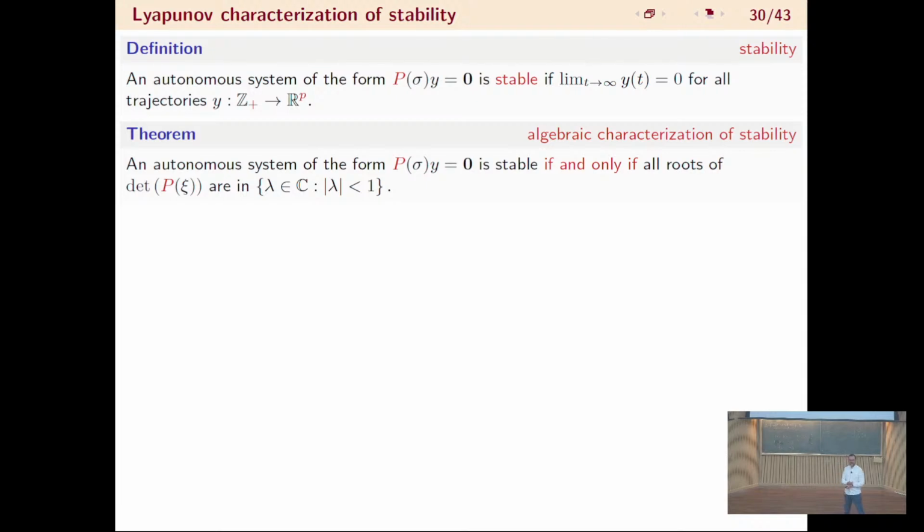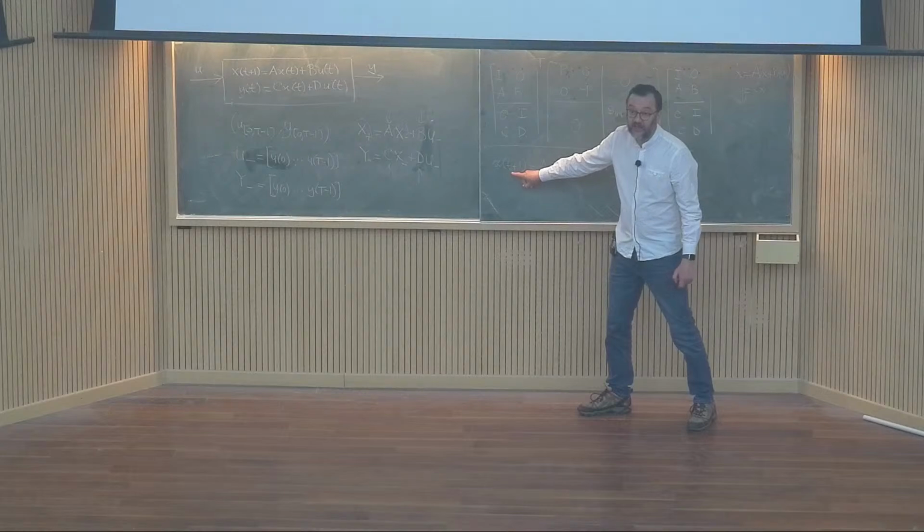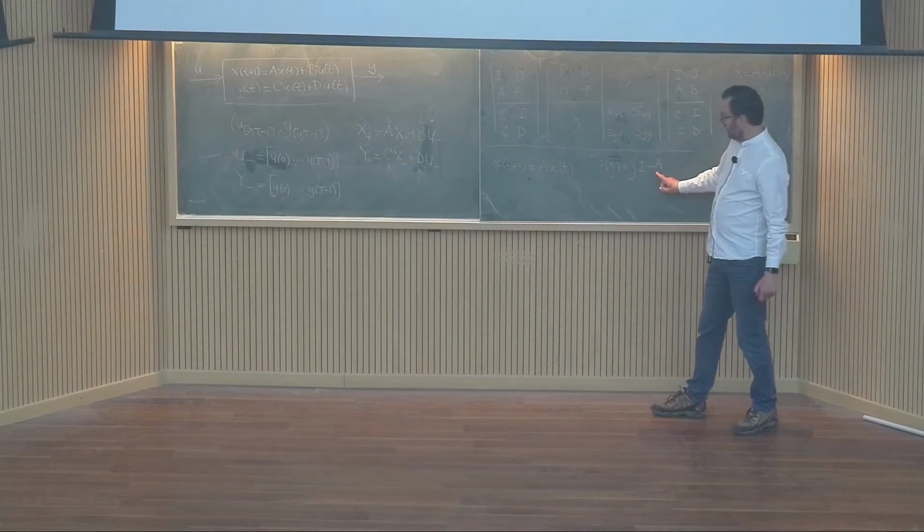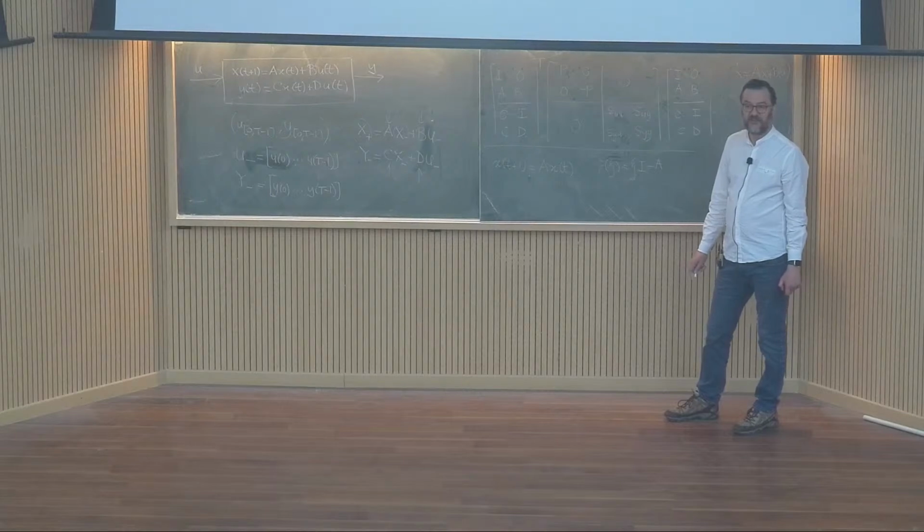It's not very unexpected, right? In particular now, if I have this state space system, this is an autonomous system, right? For this, I can choose P of Xi as Xi identity minus A. Xi for this shift, A times constant, right?